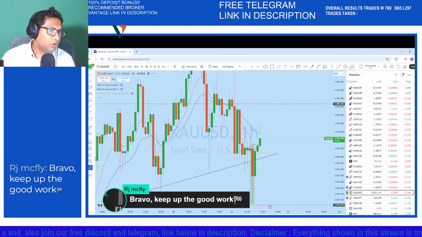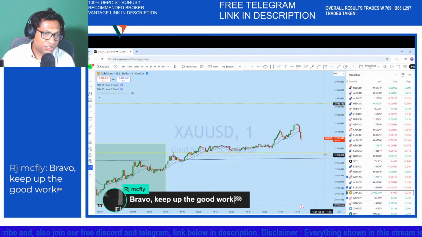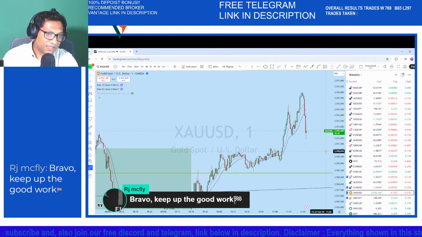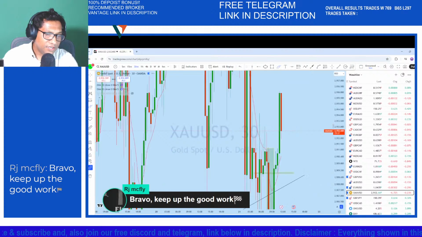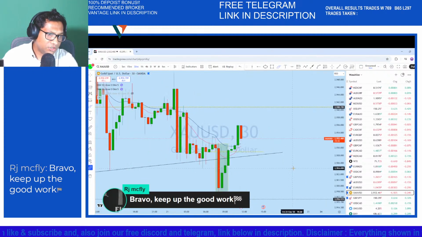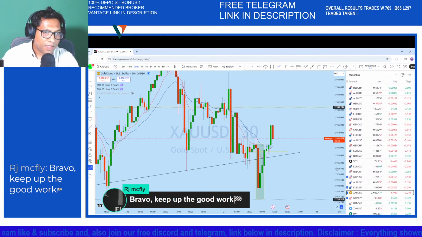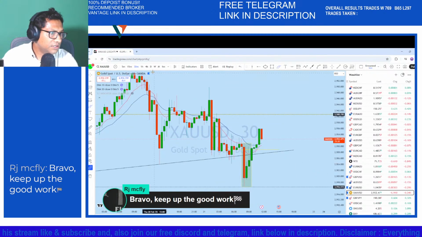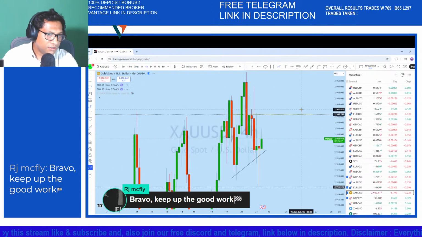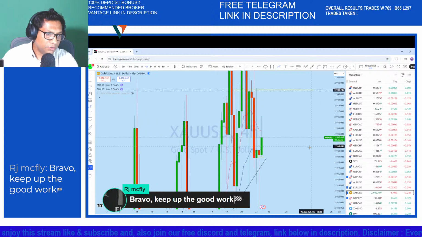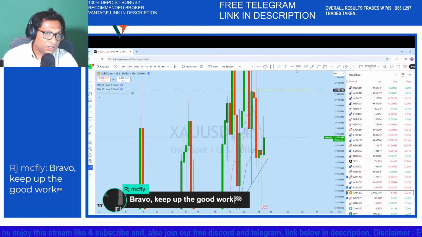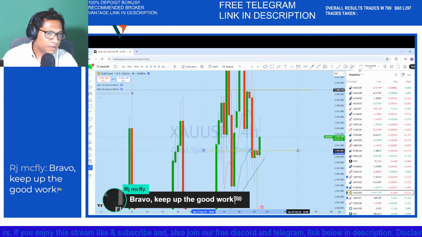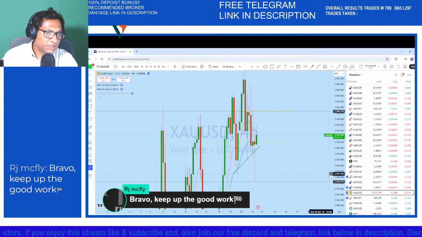Let's see XAUSD. You can see there is a drop here, which is an expected break of structure, and that might give us a potential entry. Let's see that on the 30 minutes, and let's see the 4-hour chart. This breakdown is essential to look at. This is a bull market.